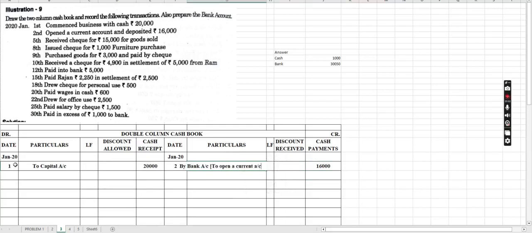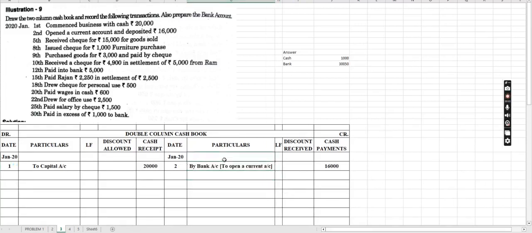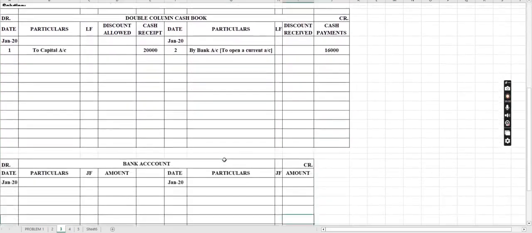That current account is a bank account type, like you have SB account, fixed deposit account. For businesses, there will be a current account. So when we open a bank account, 16,000 rupees is deposited into the bank account.